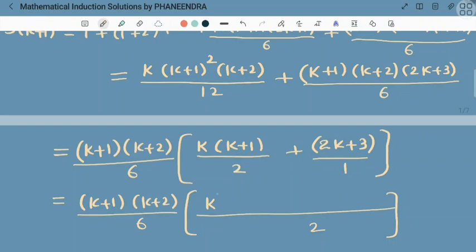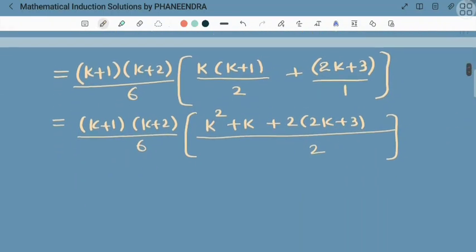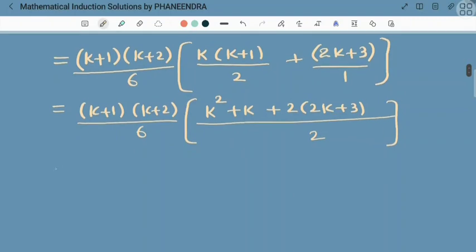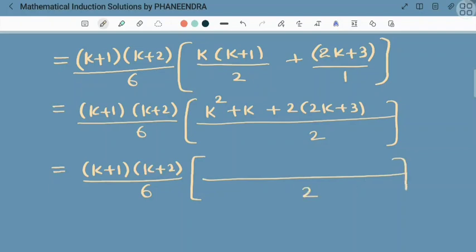So k square plus k into k plus 1 is k square plus k, plus 2 times of 2k plus 3. So that is equal to k plus 1 into k plus 2 by 6 into, by 2, k square plus k plus 4k plus 6.